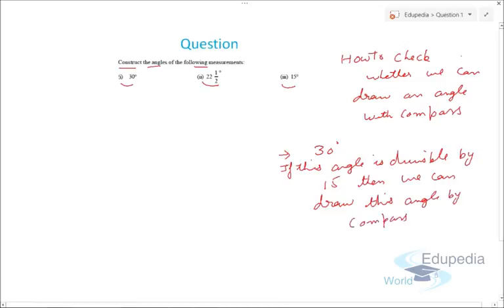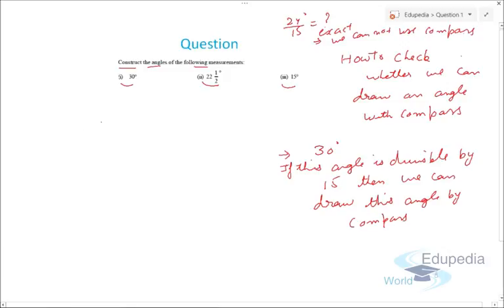Now let's say we have an angle, let's say 24 degree. If we divide this by 15, we cannot get an exact answer, as a whole number or integer or any terminating decimal number. So for this angle, 24 degree, we cannot use compass. This is a very important point you have to keep in mind always while constructing an angle.